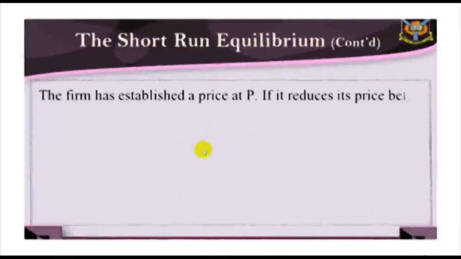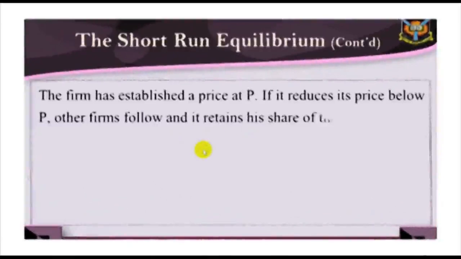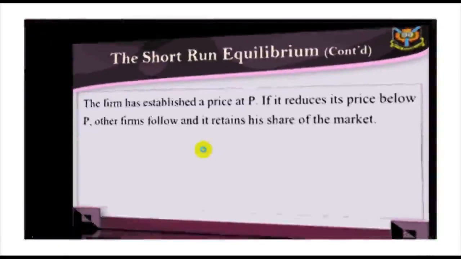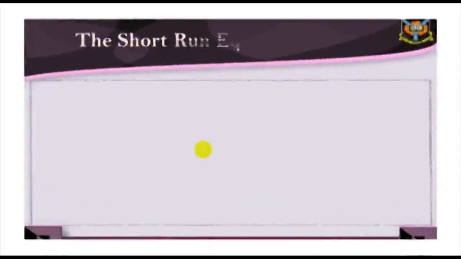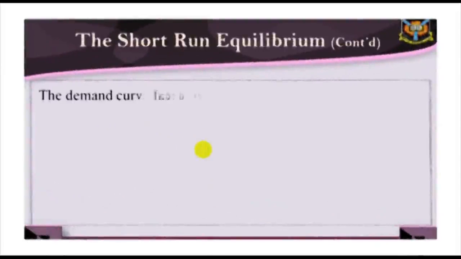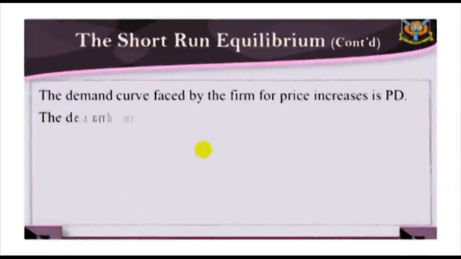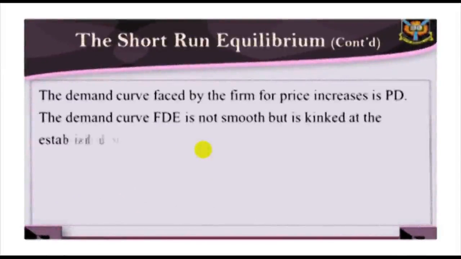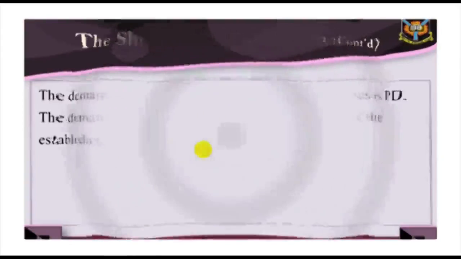The firm has established a price at P. If it reduces its price below P, other firms follow and it retains its share of the market. The demand curve faced by the firm for price increases is PD. The demand curve FDE is not smooth but is kinked at the established price P.